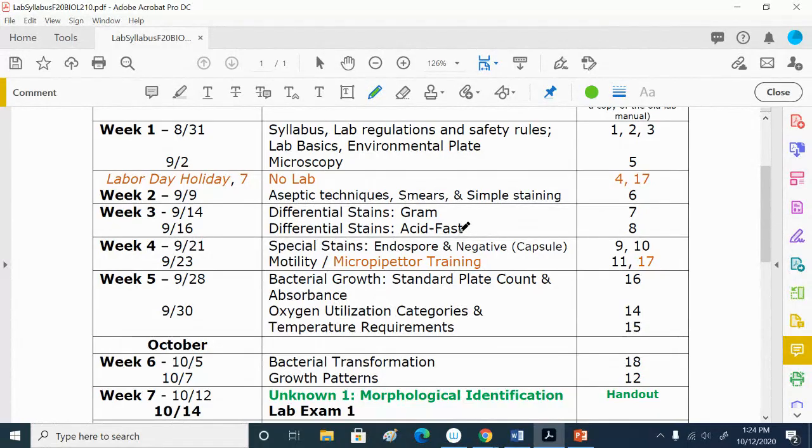Carbolfuchsin. Right, carbolfuchsin. So carbolfuchsin, and you put that on the smear for 5 minutes and then rinse it off.